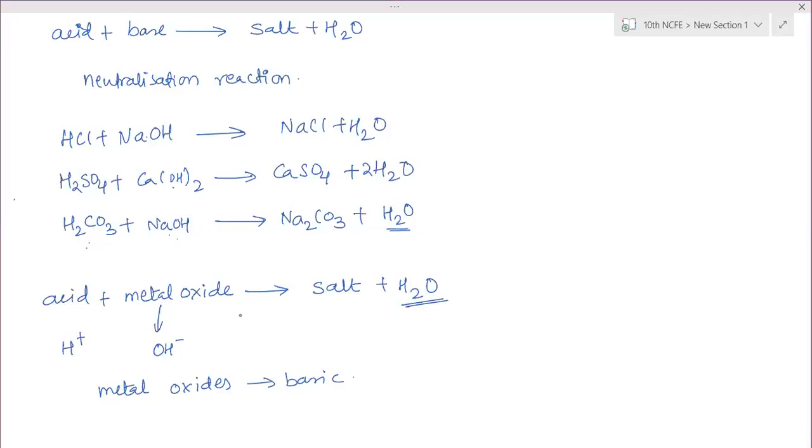These are the chemical properties. So these are the 4 chemical properties. There are no other properties you are supposed to learn in this chapter. Now the next part is acid-base indicators. What are acid-base indicators? These are substances which change their color or smell when they come in contact with acids or bases.